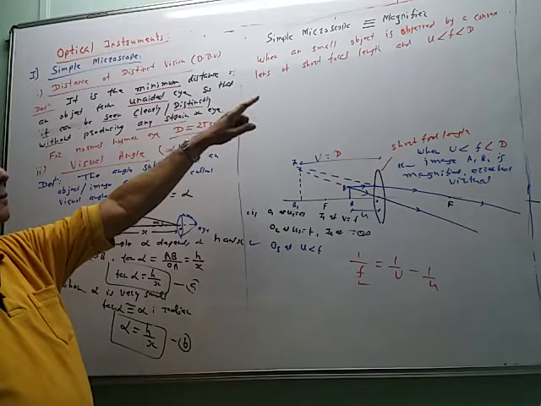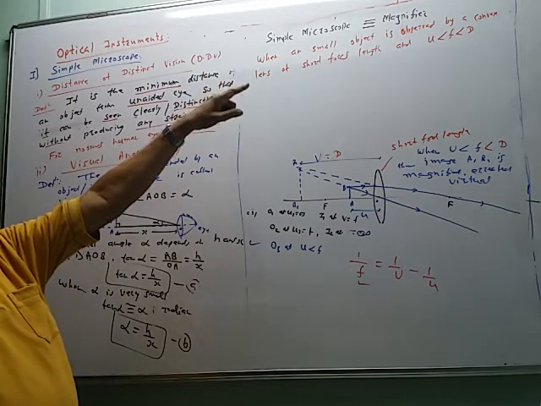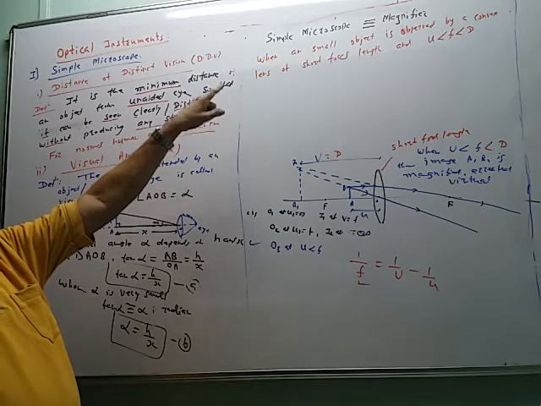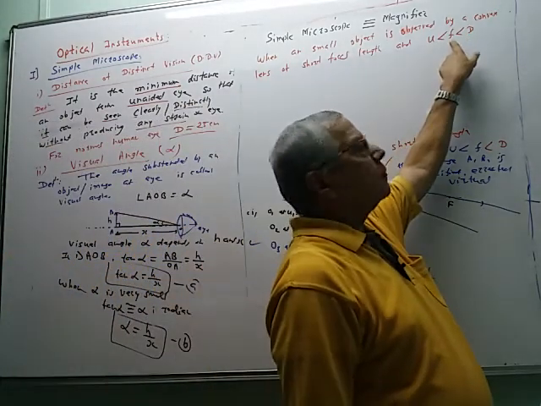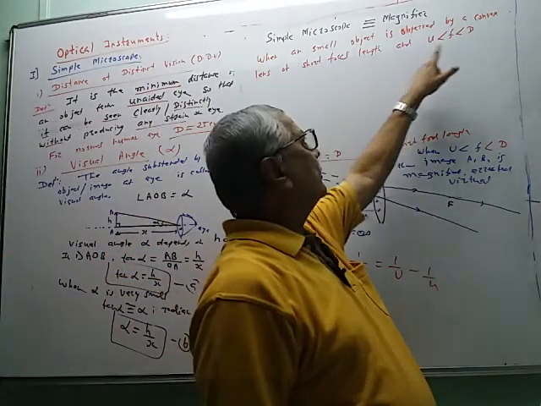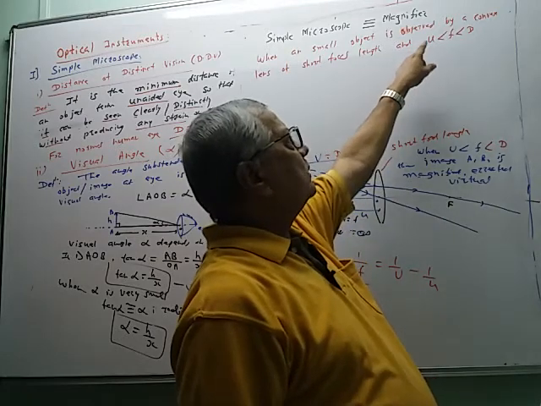The condition is when a small object is observed by a convex lens of short focal length, less than 25 centimeter, therefore it is called as a short focal length, and object is kept within focus.